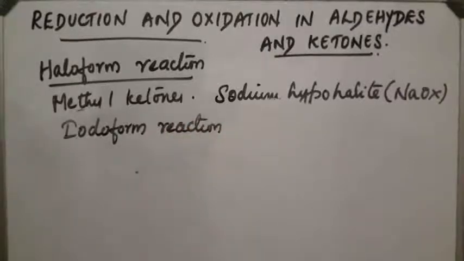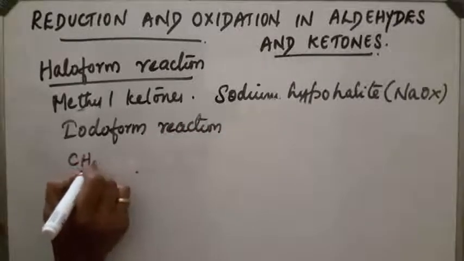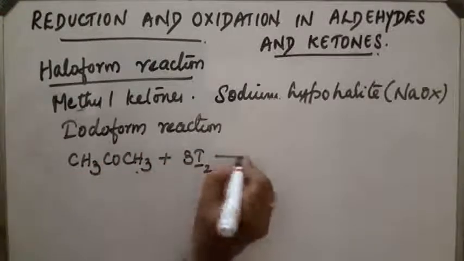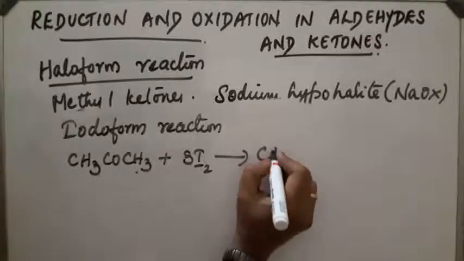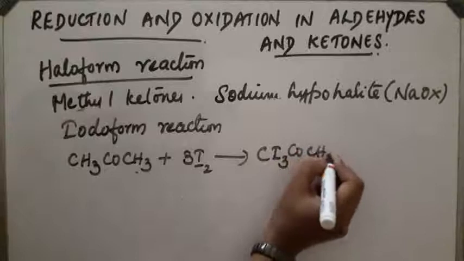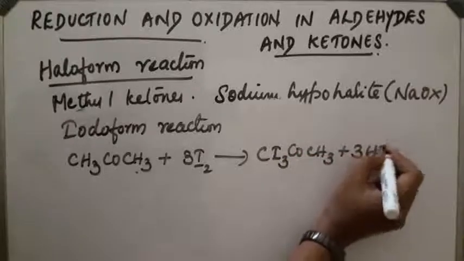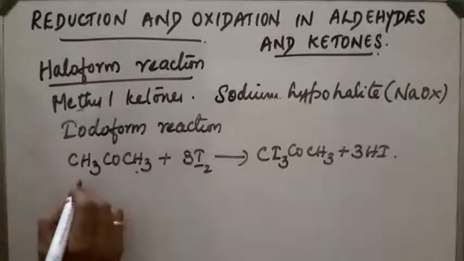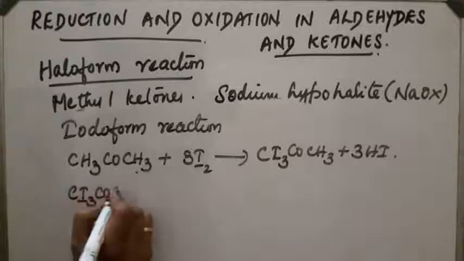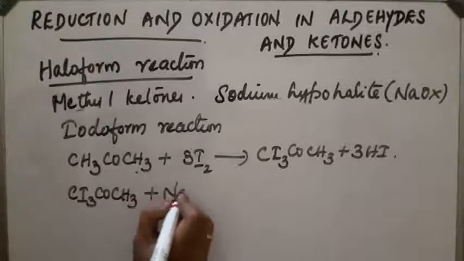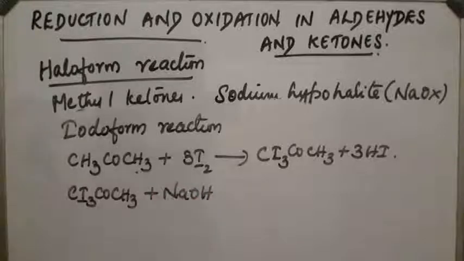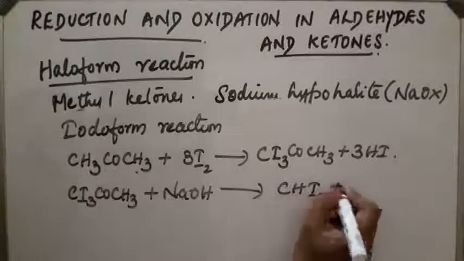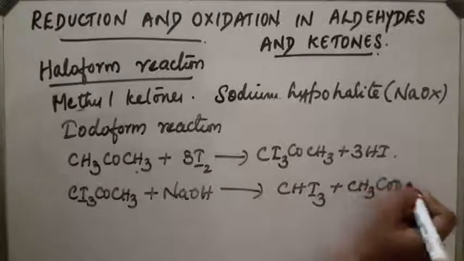First, the ketone on reaction with 3I2 gets converted into CI3COCH3 plus 3HI, the corresponding triiodo compound. Then CI3COCH3 plus NaOH: in the presence of NaOH and iodine, the reaction takes place and this gets converted into iodoform, CHI3, plus the acid salt.